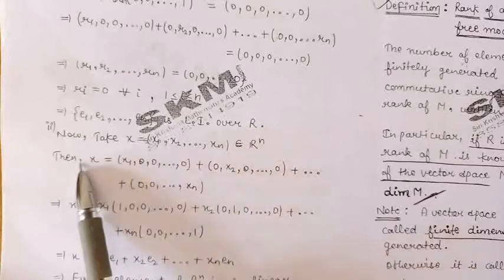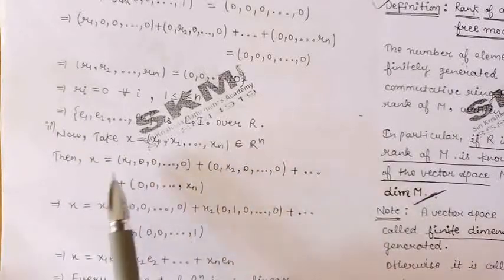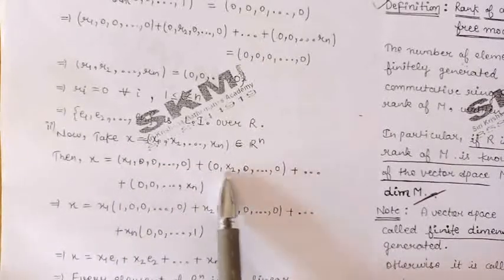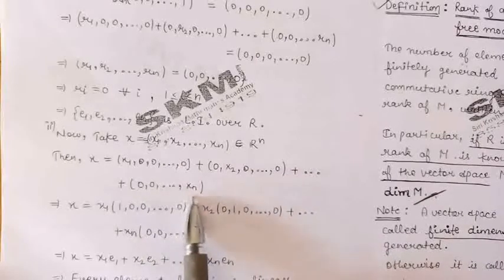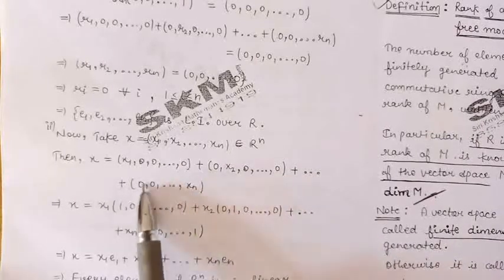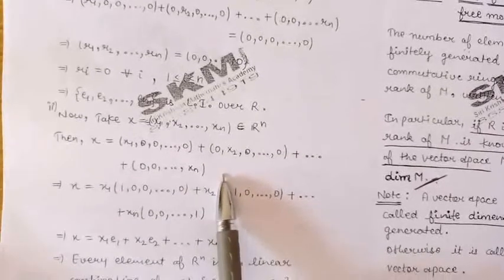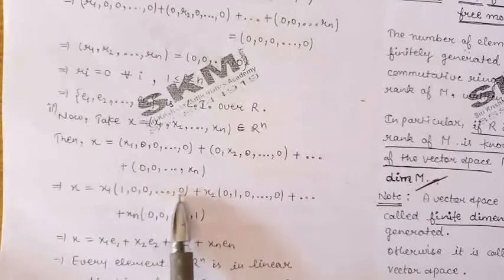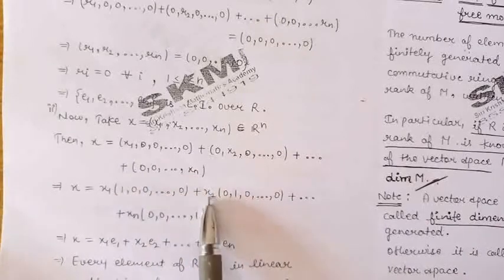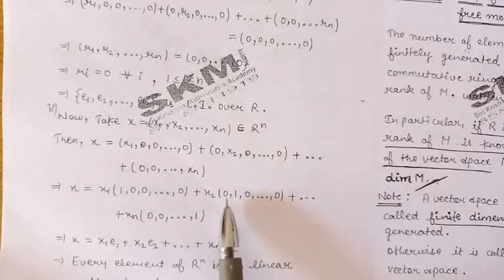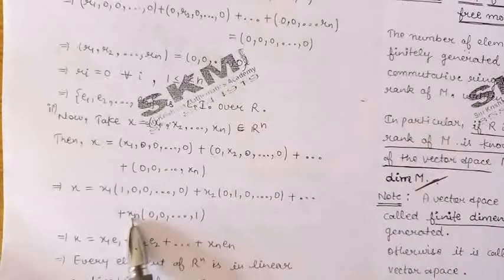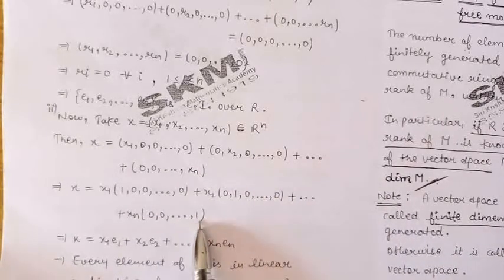Now this x can be written in this form: x1 in the first place, all the other coordinates 0, plus x2 in the second place, all the other coordinates 0, and so on, and xn in the last, nth place and all the other coordinates 0. Now this can further be written as x1 into (1, 0, 0, ..., 0), 1 in the first place, x2 into the vector (0, 1, 0, ..., 0), and so on, and with xn we have the vector having 1 in the nth place and all the other coordinates 0.